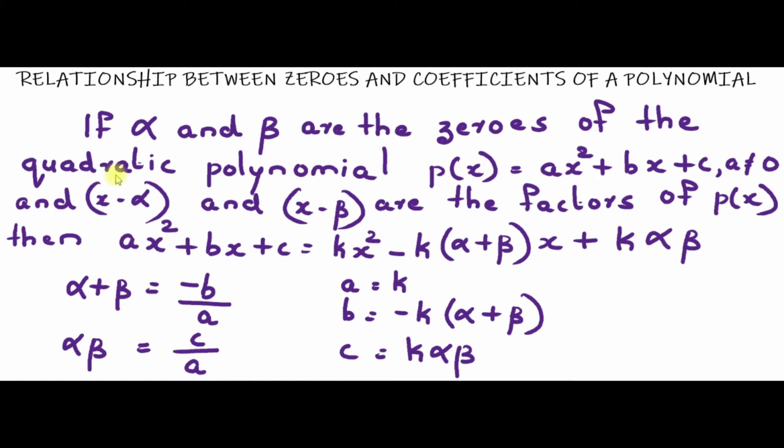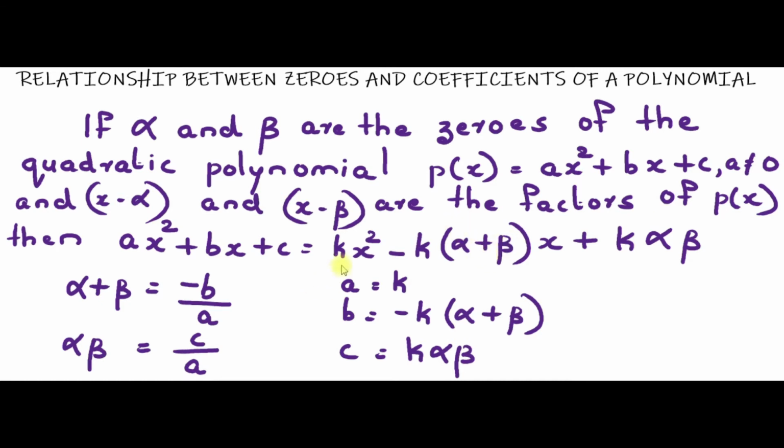So, quadratic polynomial can be represented as ax square plus bx plus c. Here it is given that alpha and beta are the zeros of this quadratic polynomial ax square plus bx plus c. Then x minus alpha and x minus beta are its factors.